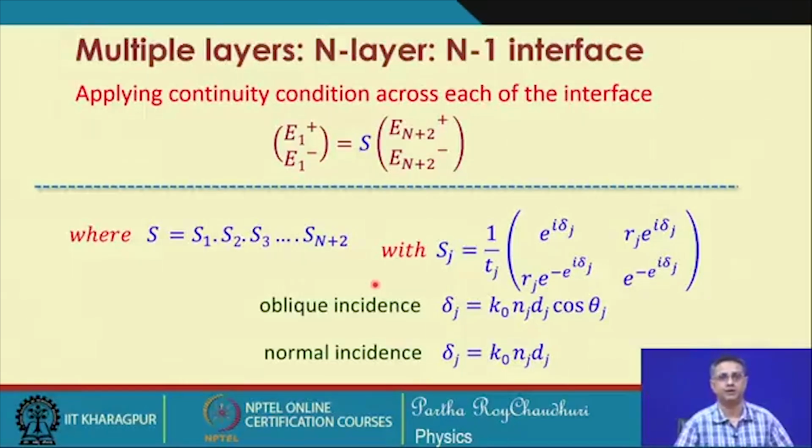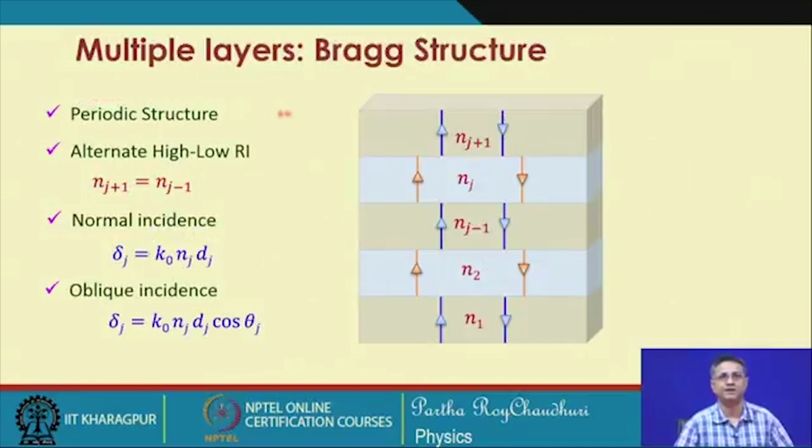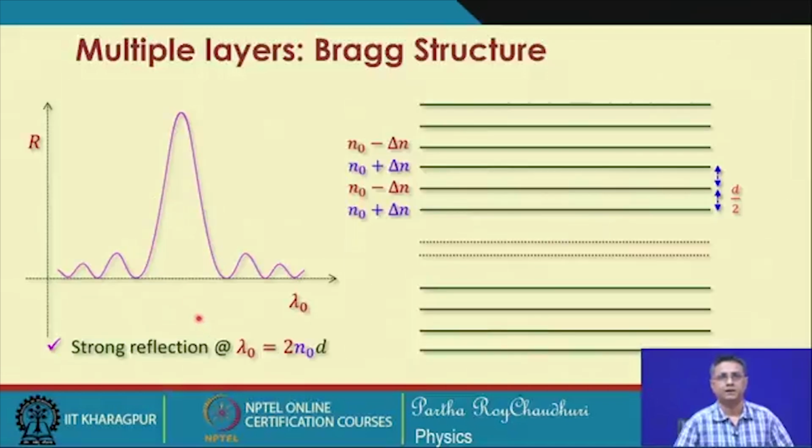propagation of electromagnetic waves. Now, we consider the Bragg structure, where we have a periodic structure of alternate high and low refractive indices, and the refractive indices of alternate layers are connected like this. For normal incidence, again we can write this, and for oblique incidence we can write in this way.